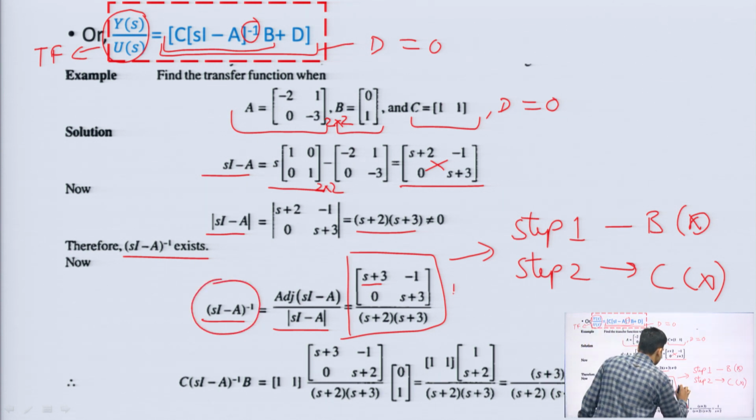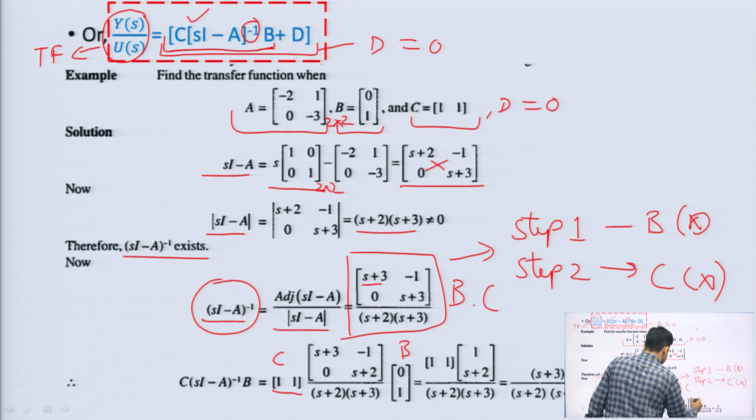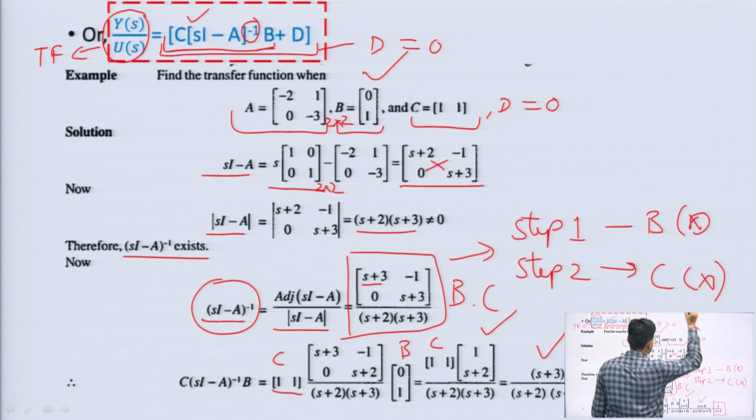I have to multiply with B and then with C, so that I can obtain this expression. Here my C matrix is 1 1, this is C, this is B. First I will multiply with B, I will get this expression. Now, I will multiply with C, I will get this expression. After solving, this is my transfer function for this state space model.